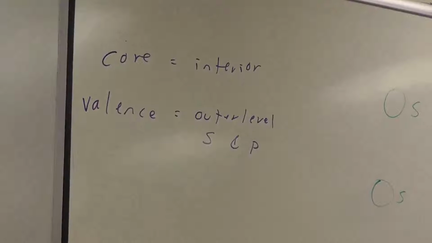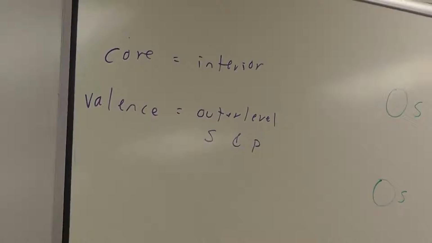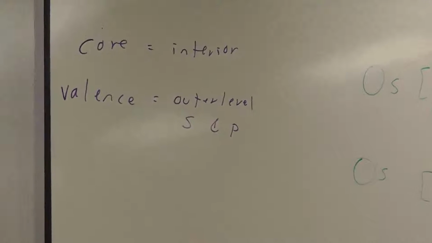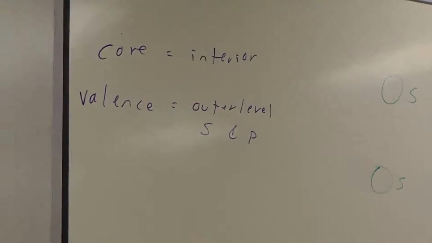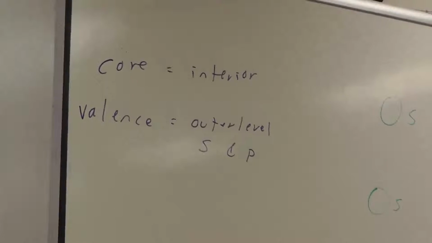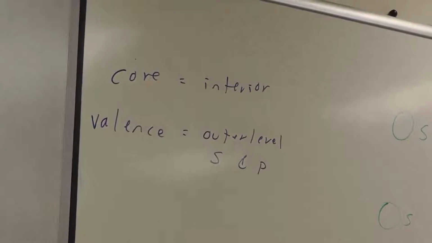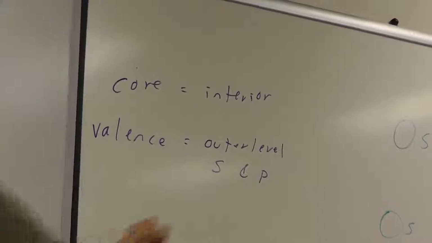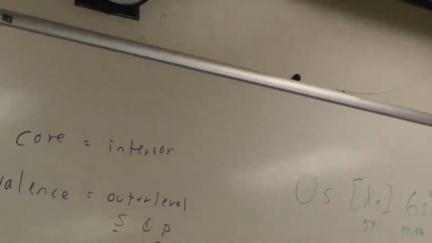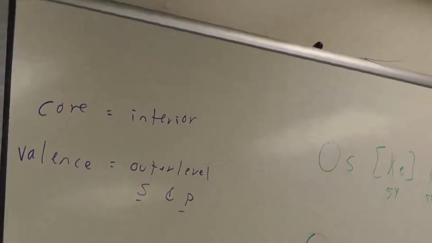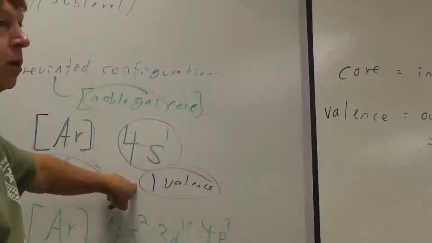So looking over here at potassium's configuration, it has 18 core electrons, and this one, which is outer level and S sublevel, is specifically these sublevels. That's one valence electron. These 18 will never react, but that one will.